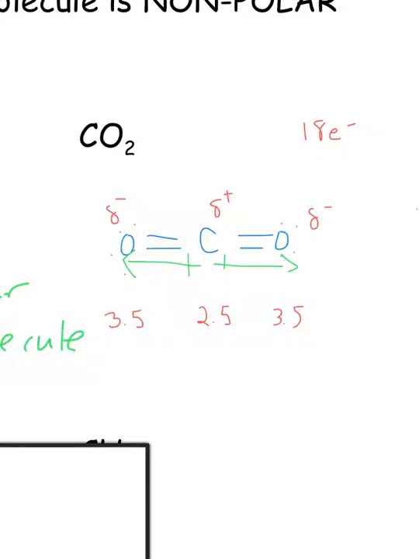So I can see here that I have a dipole vector of 1.0 and 1.0 in opposing directions. Because of that, they will cancel, and that will make this molecule a non-polar molecule that contains polar covalent bonds. There we go.